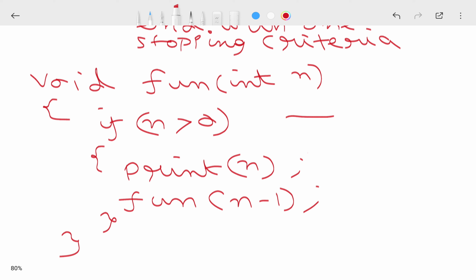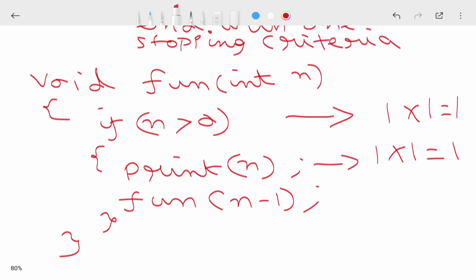Here, this operation is executed one time, for a unit time, so 1 into 1. For simplicity we take the unit time as 1. This print is also a simple statement, executed one time, taking 1 unit.